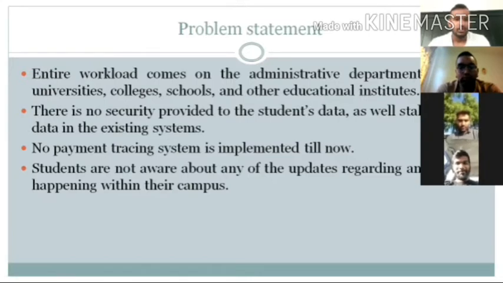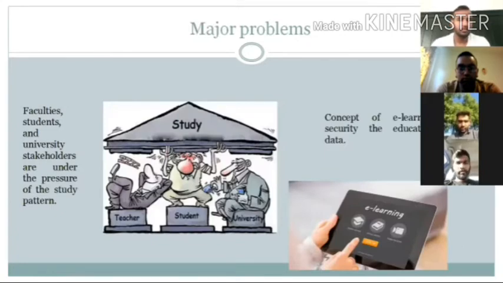Students are not aware of any updates regarding any activity that happens within their campus. Here are the major problems. The major problems are that faculties, students, and university stakeholders are under the pressure of study patterns, the concept of e-learning, and the security of education-related data.